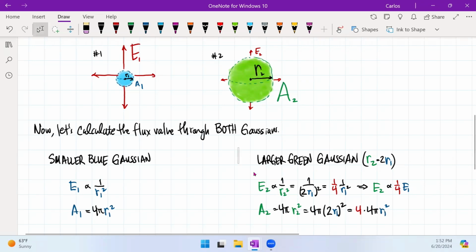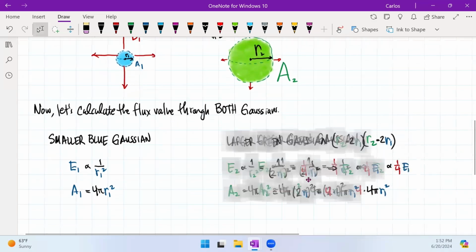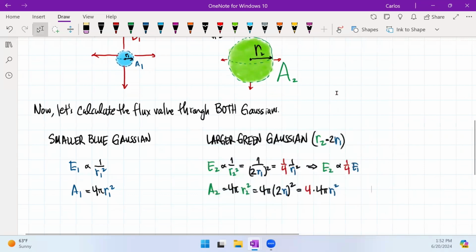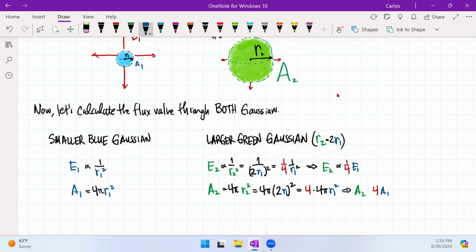Now I'm going to move this over here because I'm running out of area. So let's move this right here. So this immediately tells me that the area of the second surface is going to be 4 times the area of 1.